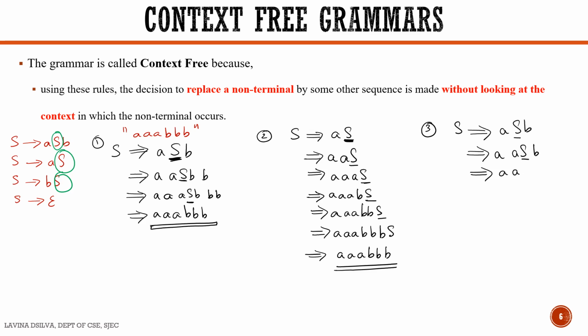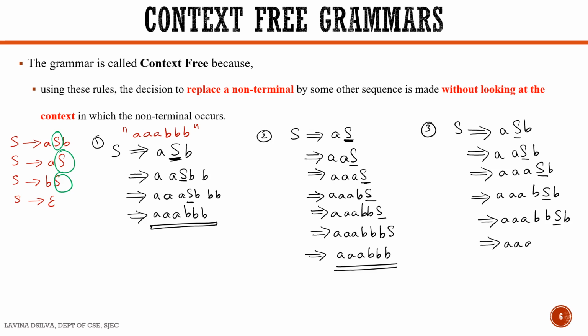So I have AAASB. This S is replaced by the third rule, AAABSB, and this S will be replaced by the fourth rule, that is epsilon.